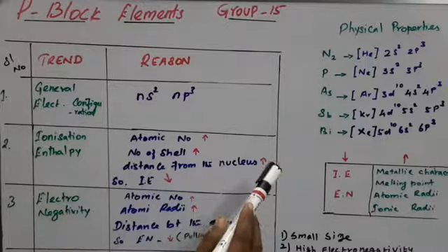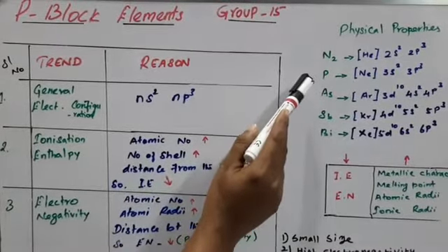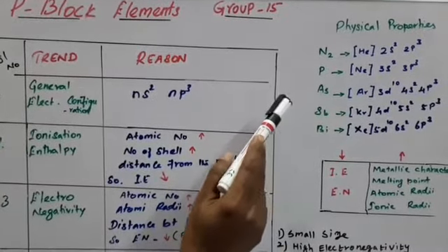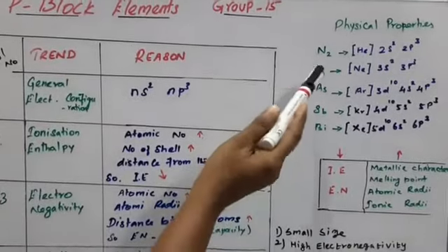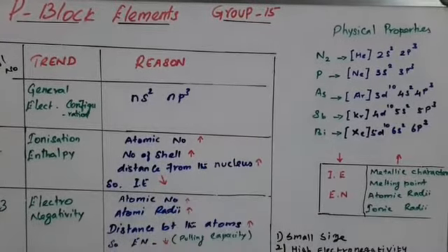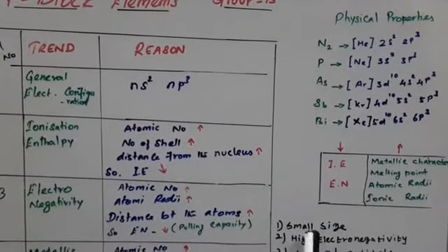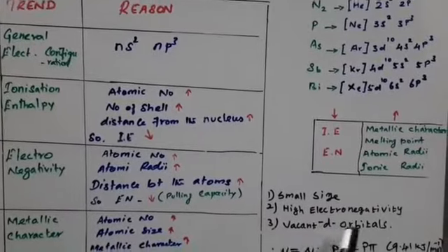Okay, one question: why does nitrogen in group 15 act as anomalous in nature, that is, have a unique property, a special character compared to other elements present in this group? Here the reason is small size, high electronegativity and vacant d orbitals.